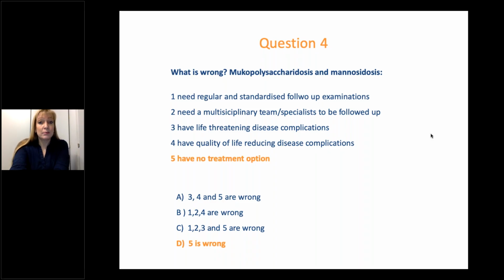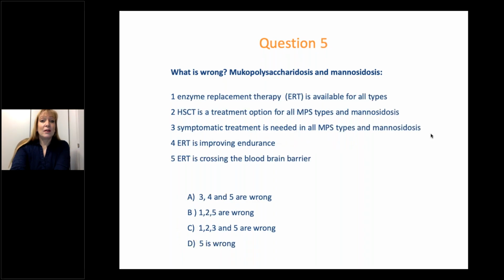We know we have the enzyme replacement treatment, and even if in your country there's no enzyme replacement treatment available, the regular follow-up examinations and then the symptomatic treatment is also giving a lot of impact on patients' quality of life and also the survival of these patients. Another question, what is wrong?